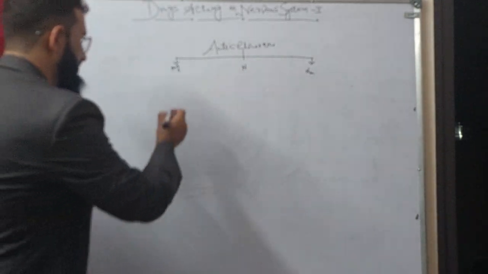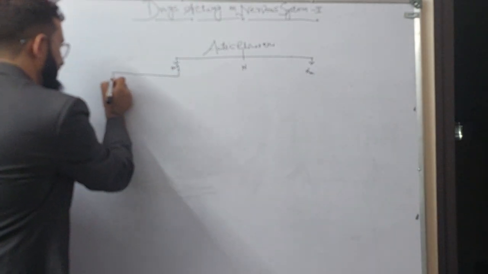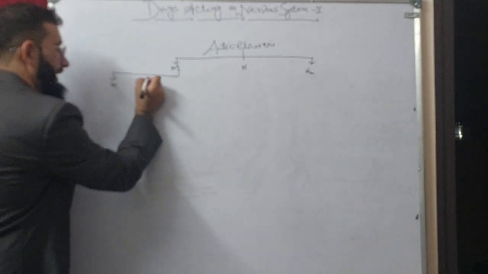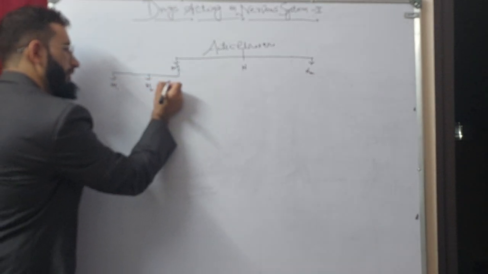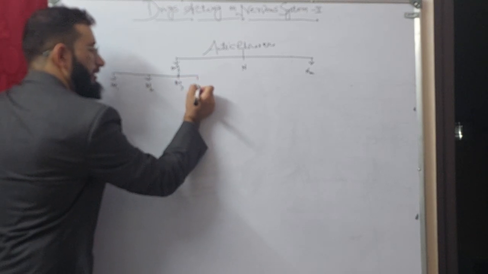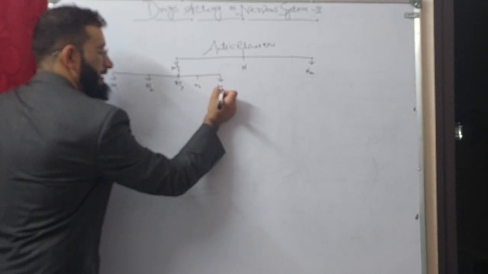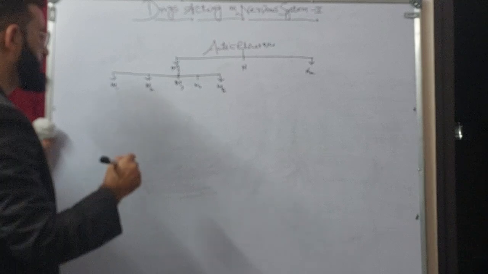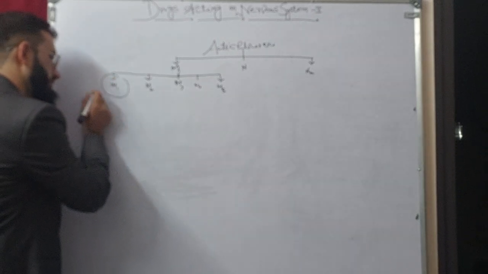So for the muscarinic receptor, we have M1 receptor, M2 receptor, M3 receptor, M4 receptor, M5 receptor.